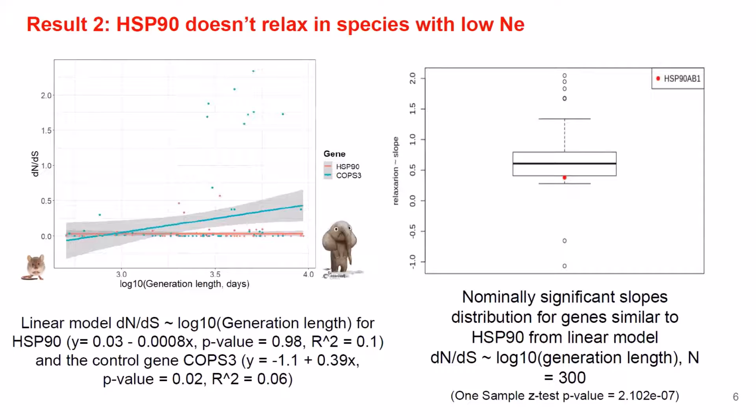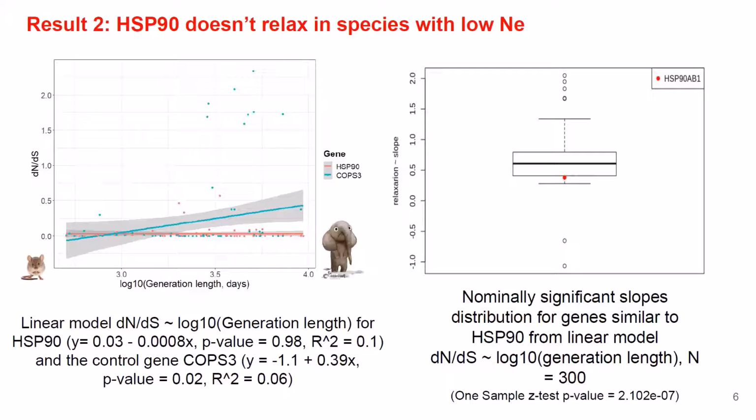And we saw that indeed HSP90 has a 0 slope, and moreover, it is significantly less compared to the slope of control gene that we chose as the closest one to HSP90 based on structural characteristics and characteristics of evolutionary constraint.